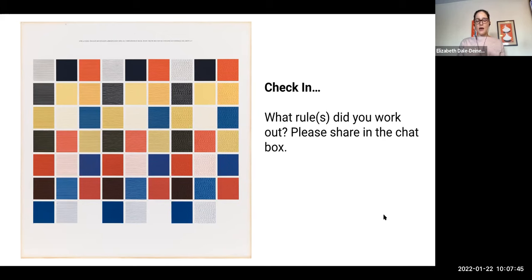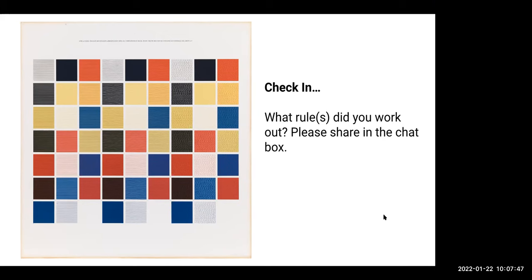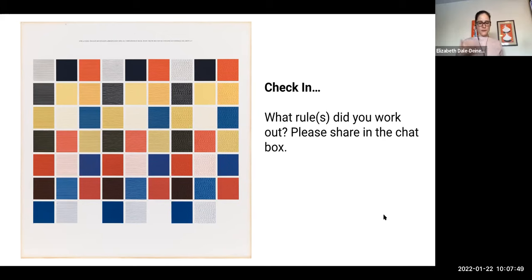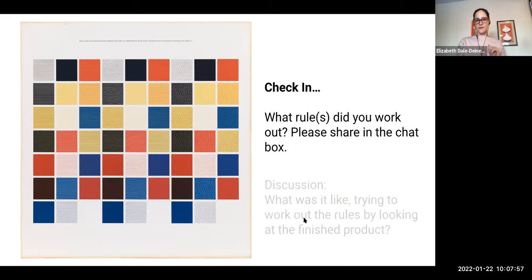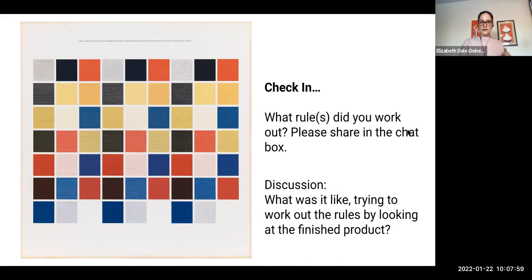This is great. So we have this idea that we've looked really closely and we've tried based on what we could see to figure out the rules. And so here's a query for you just to kind of open the conversation. I'm curious, what was it like for you when you were looking at all these little individual sections, trying to work out the rules by looking at the finished product? Like what are you doing in your head?